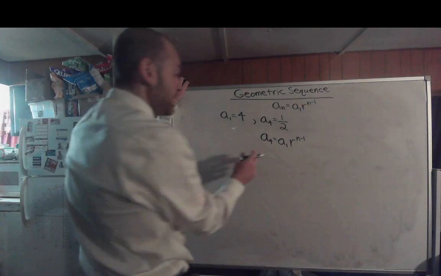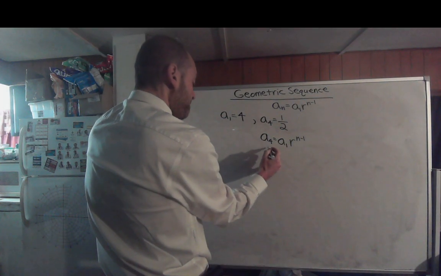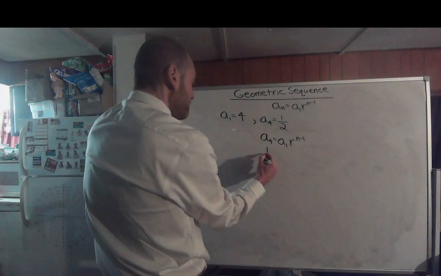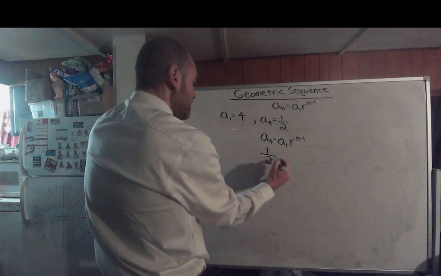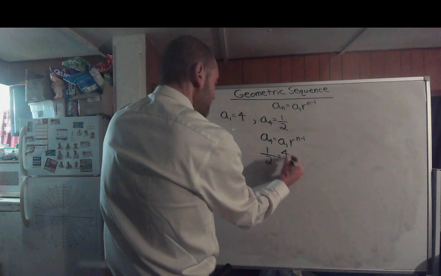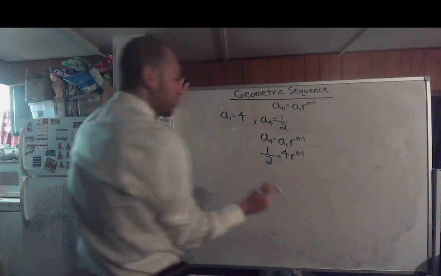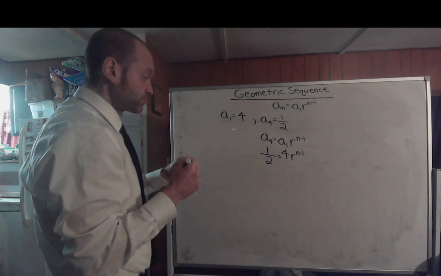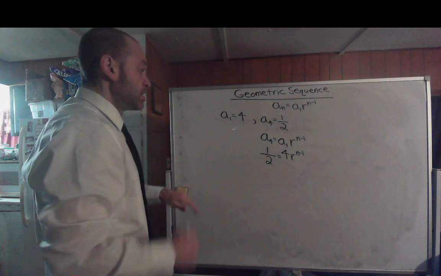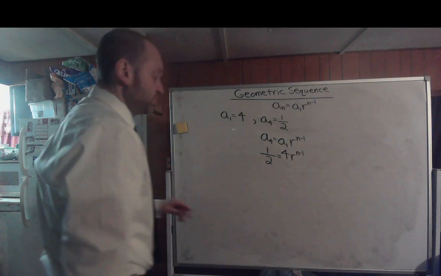Well, a sub 4 in this case is going to be 1/2. That's going to equal my a sub 1, which is 4, times r to the n minus 1 power. Alright, so we've done the substitution.